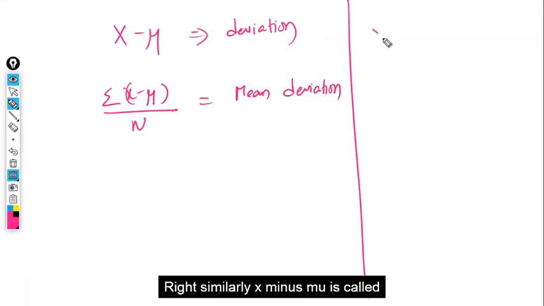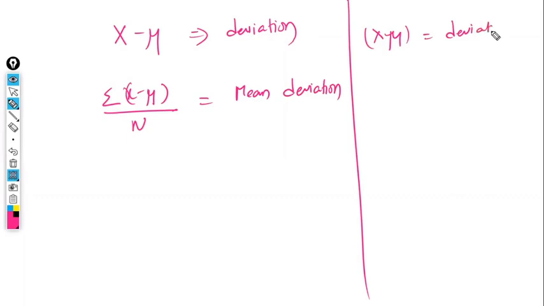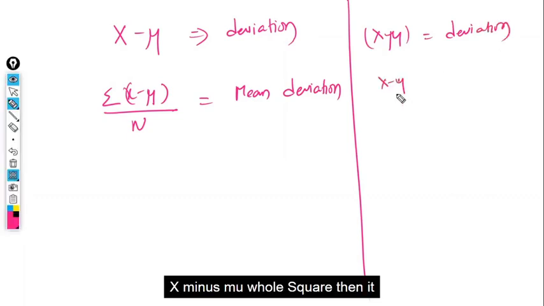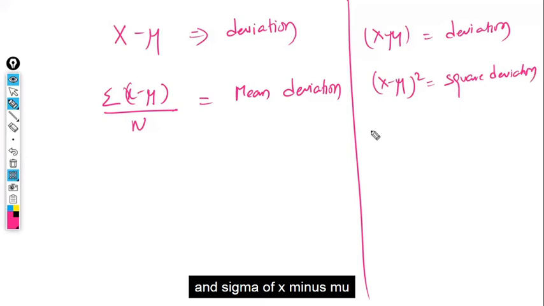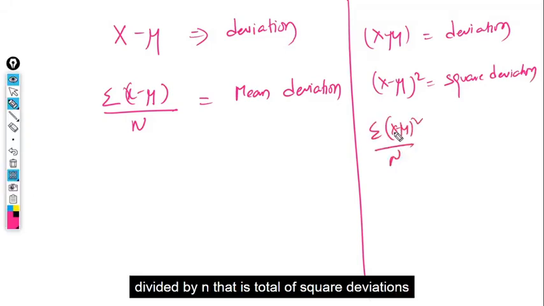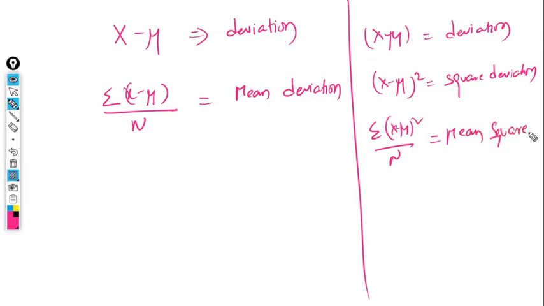right? Similarly, x minus mu is called the deviation. X minus mu whole square is then called the square deviation. And sigma of x minus mu whole square divided by n, that is the total of square deviations divided by n, is nothing but the mean square deviation.